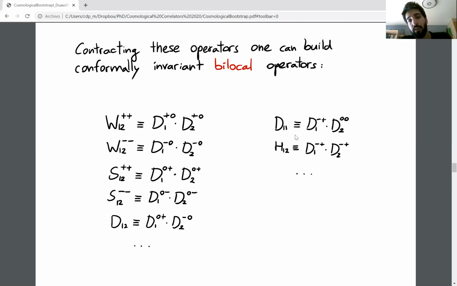And in the adjoint representation it is the same story. One can construct, for example, this operator that lowers the weight and raises the spin at point 1 only. And this other operator that lowers the weight and raises the spin at the 2 points, at 1 and 2. One can construct more operators. I have listed these because these are the ones that we have been using in our project so far.